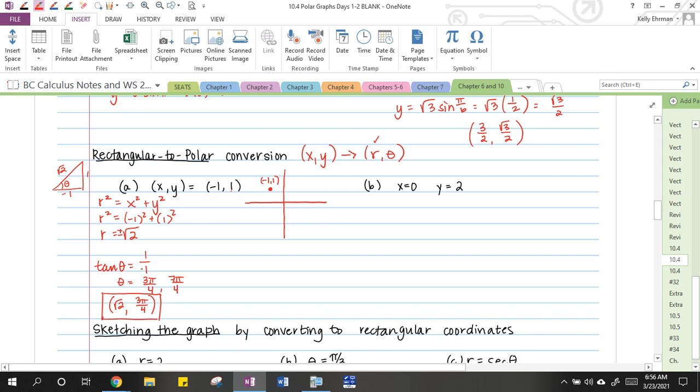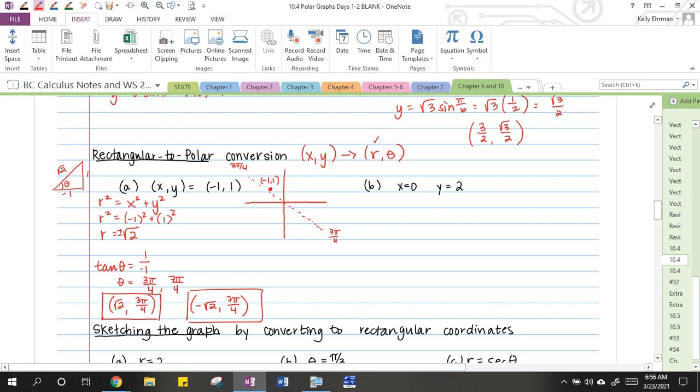Because facing 7 pi over 4 would have you facing this direction. I'm going to just label this here, 3 pi over 4 and 7 pi over 4. If you face 3 pi over 4, you go forward radical 2 units. What if you face 7 pi over 4 and go backward radical 2 units? So another possible answer is negative radical 2, 7 pi over 4.